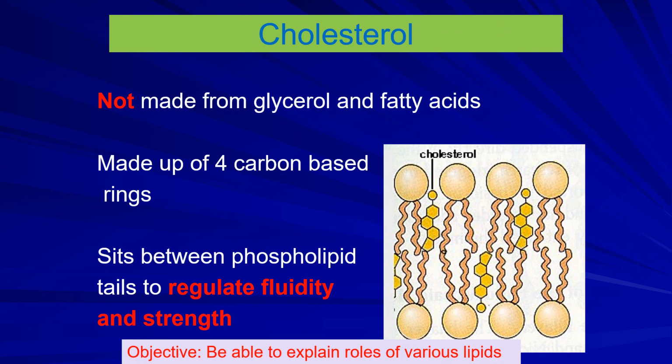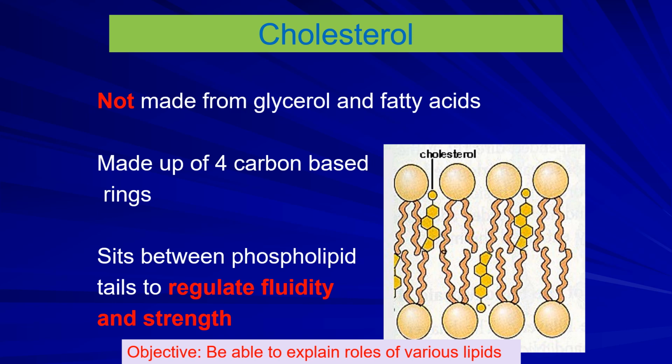Now, an example of a steroid is cholesterol. And cholesterol, again, you'll look at much more in the membrane module. But you need to understand that cholesterol is a steroid. It is not made, therefore, of glycerol and fatty acids. It is made up of 4 carbon rings, and again, it has the properties we just mentioned a second ago.